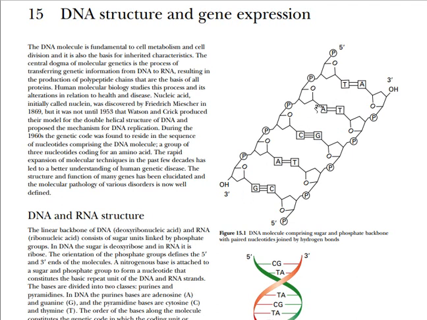These are the different nitrogenous bases found in DNA, and they bind complementarily to each other. Thymine binds with adenine with a double bond, and cytosine binds with guanine with a triple bond.